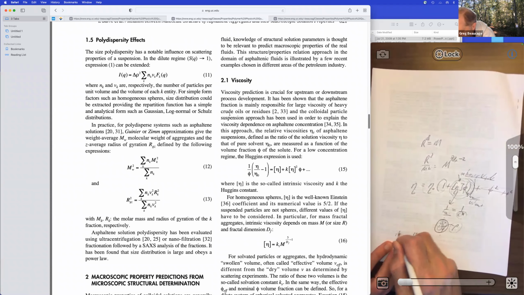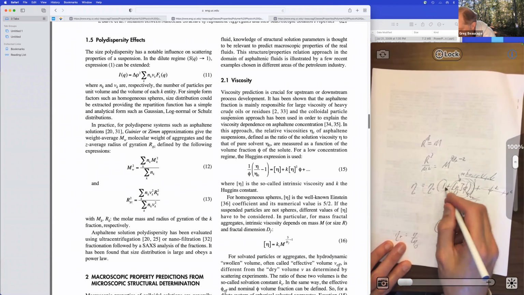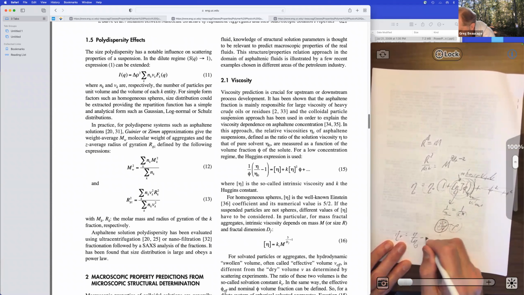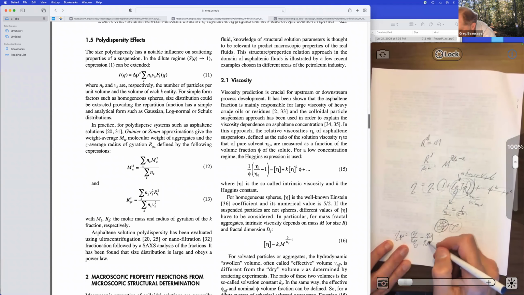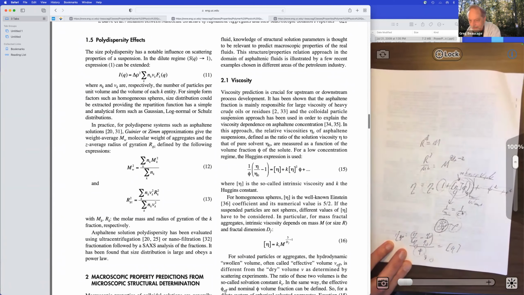That's the relative viscosity, and then subtract off 1. That's the specific viscosity, and then if I divide that by concentration, I'm going to get what this thing is in the limit of when concentration goes to 0.